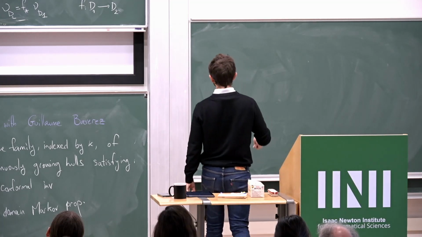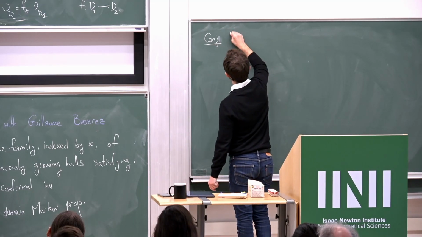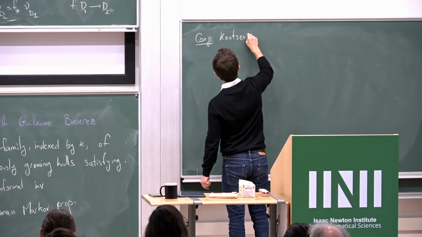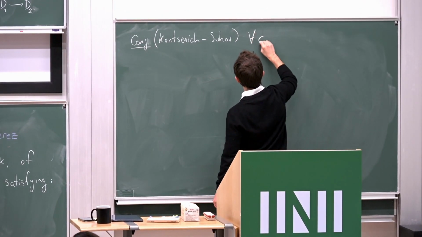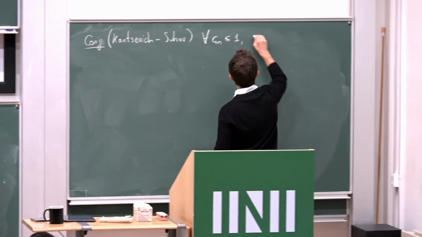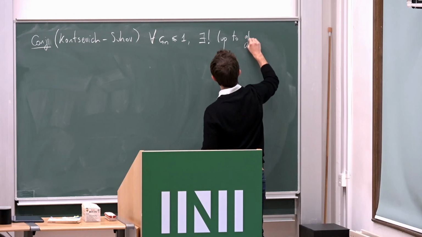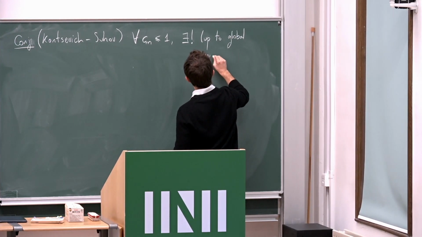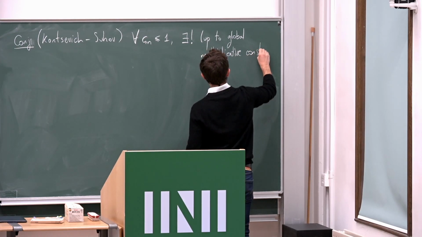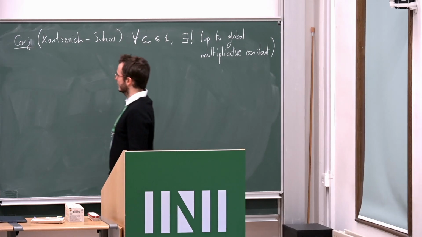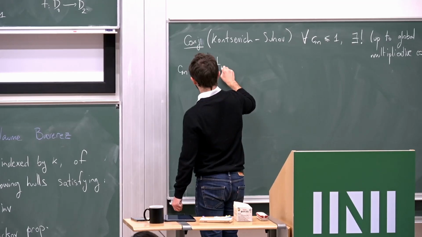Okay, and so the conjecture by Kontsevich and Suhov is that for any Cm less than 1, there exists a unique, so unique up to a global multiplicative constant, Cm restriction measure.